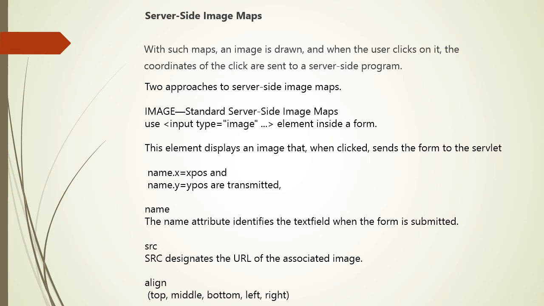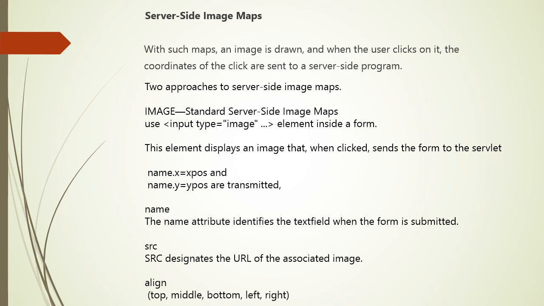In HTML, an element called map lets you associate URLs with various regions of the image. Then, when the image is clicked in one of the designated regions, the browser loads the appropriate URL. This form of mapping is known as a client-side image map, since the determination of which URL to contact is made on the client and no server-side program is involved.